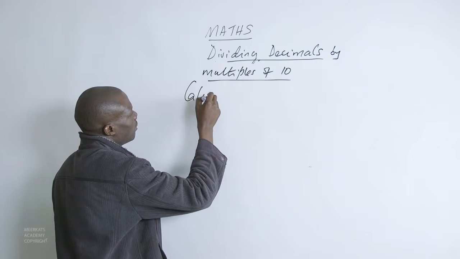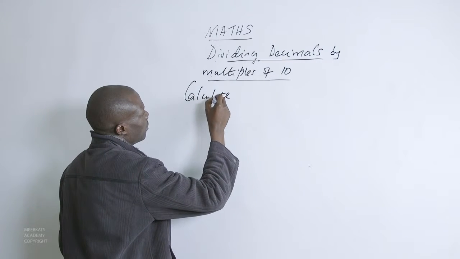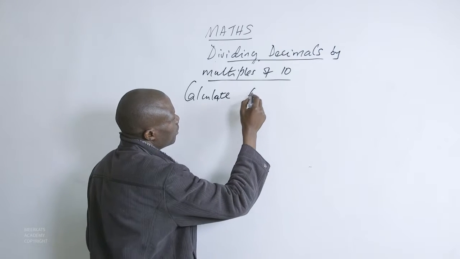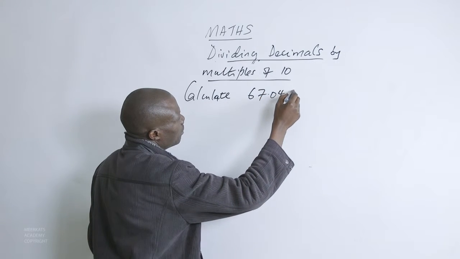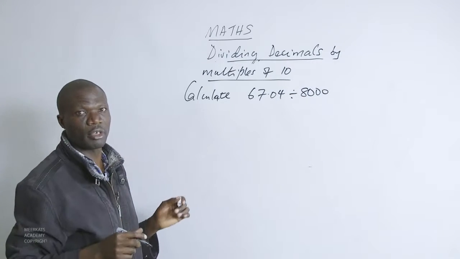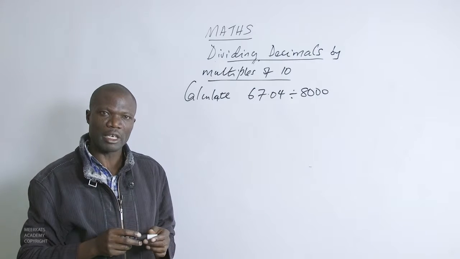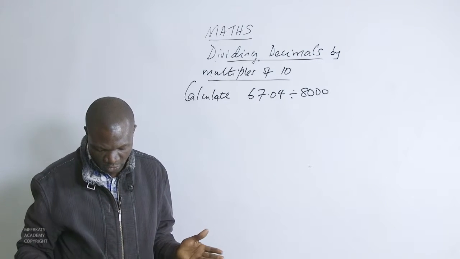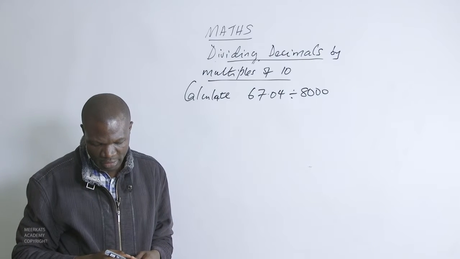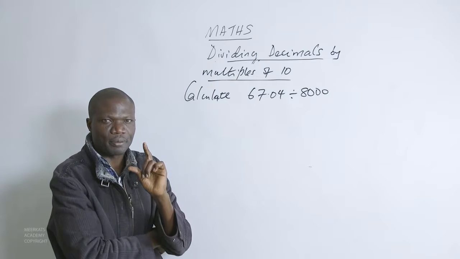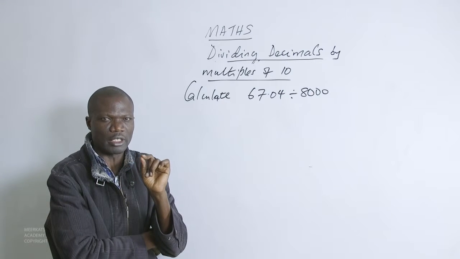Calculate 67.04 divided by 8,000. Now, before we start working this, I want us to know this.